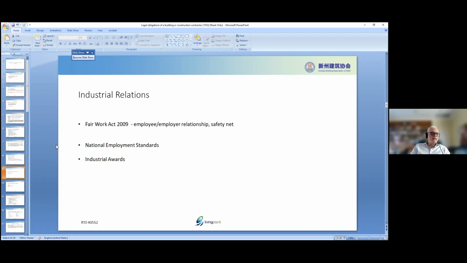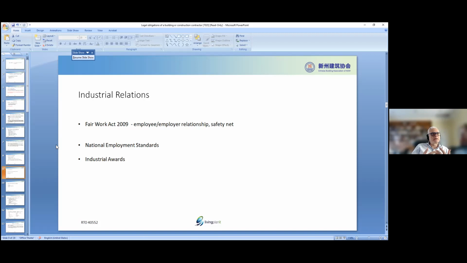In other words, he's not working 40 odd hours a week for the employer, when in actual fact, he should be legally entitled to say 38 hours a week is the maximum I'll work, unless I want to do overtime. Okay, so there are certain minimum standards that must be maintained. And these are the national employment standards, which we'll have a better look at.